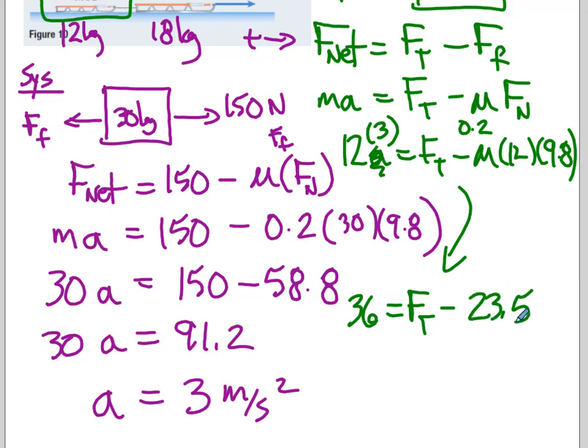Okay, and if I solve for Ft, I'm going to have 36 minus 23.5, and I should get 12.5 newtons equals the tension force. Now hopefully you're starting to see, after doing a whole bunch of these, there is a process. The process works really well if you stick to it, and I'm going to encourage you, please, please, please try and follow the process because it will guide you through trickier, more difficult problems.